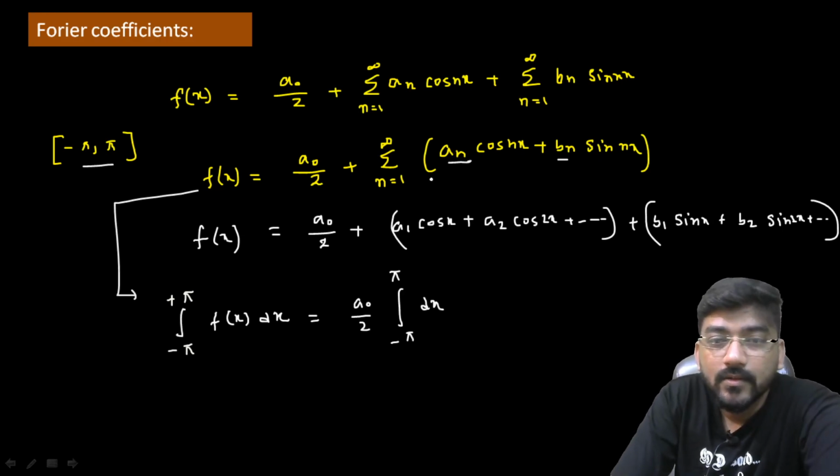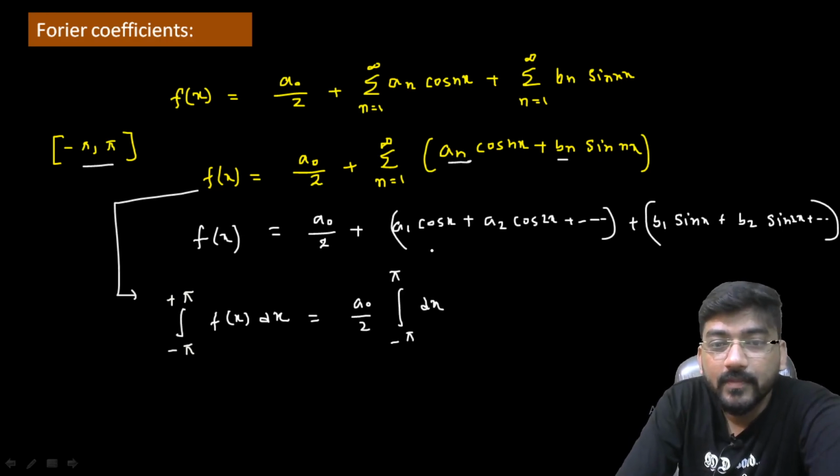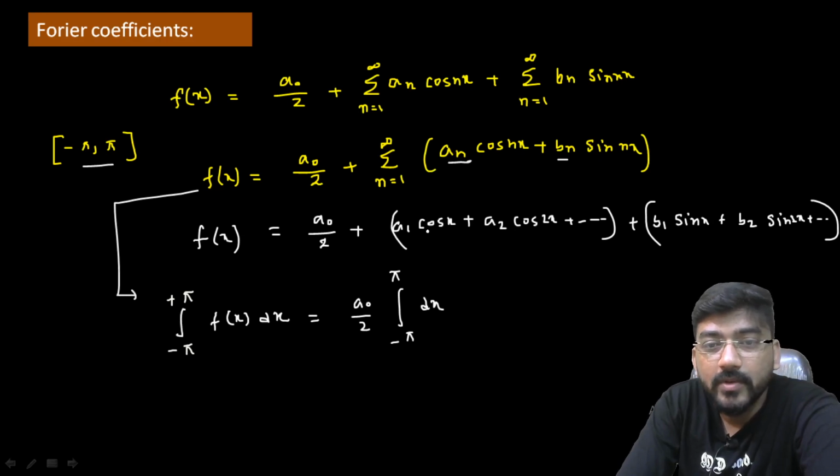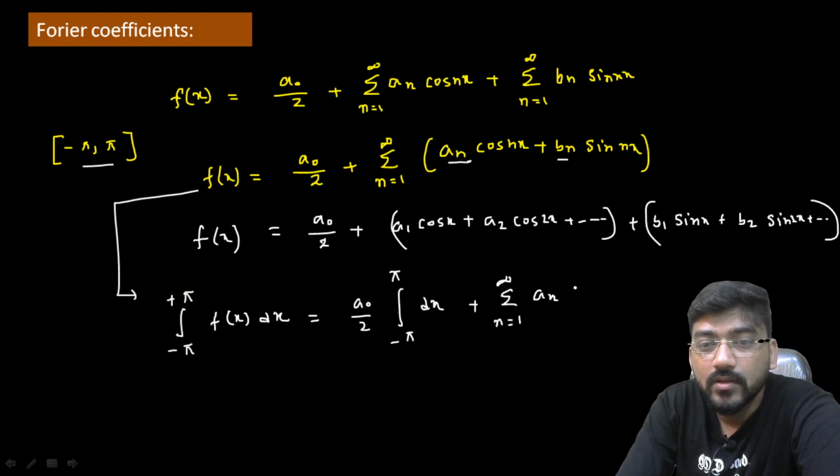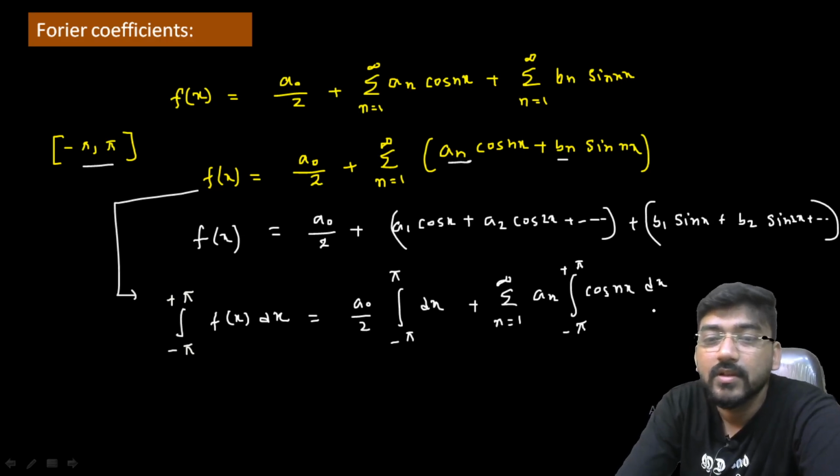And here there will be a very large number of integrations, that is, integration cos x dx, cos 2x dx, cos 3x dx, etc. Let me write it in this way: n is equal to 1 to infinity, an, and integration of cos nx dx from minus pi to pi, and it will be 0 actually.